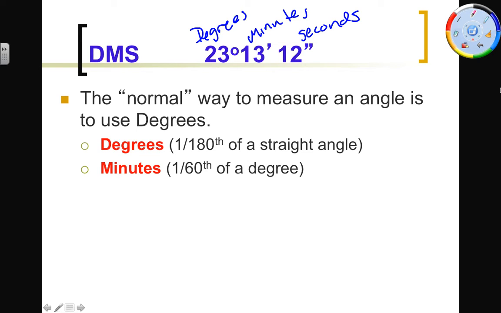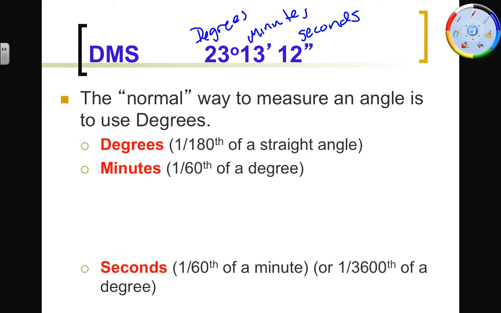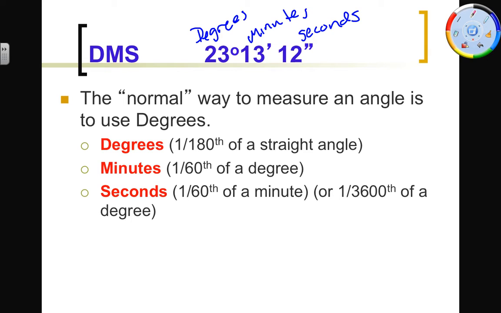And likewise, a second is just as you would think. A second is 1/60th of a minute. Or if you're going to go straight to degrees, it's 1/3600th of a degree. So it's 1/60th of a 1/60th. All right, and 1/60 times 1/60 is 1/3600.